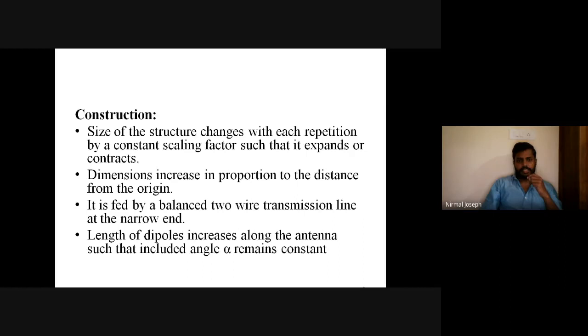Size of the structure changes with each repetition by a constant scaling factor, such that it expands or contracts. There lies the relationship with the logarithm. One scaling factor is there. Suppose the size of the first element is A and the scaling factor is 2.